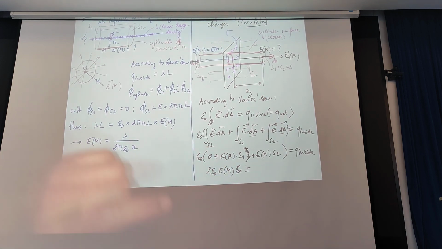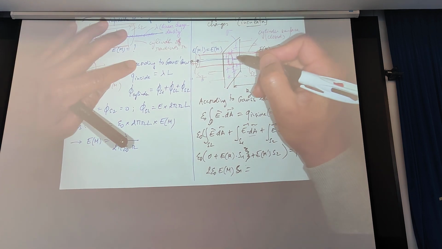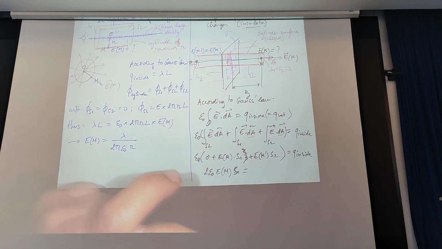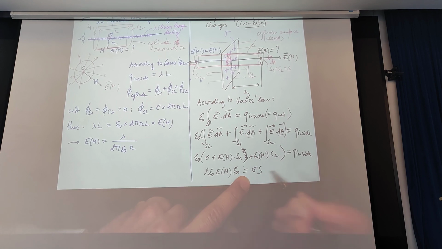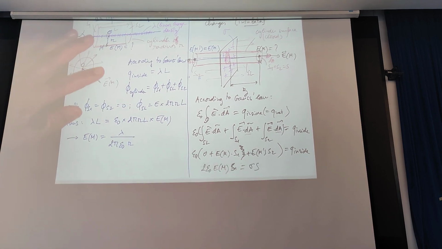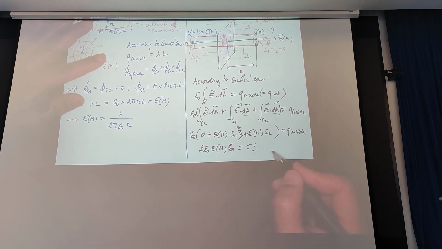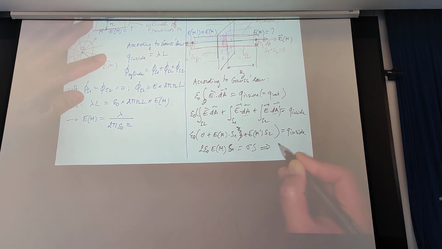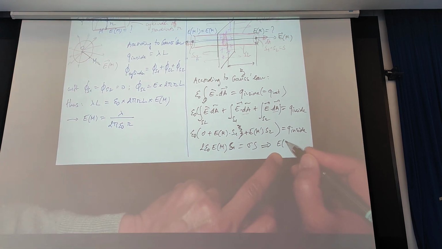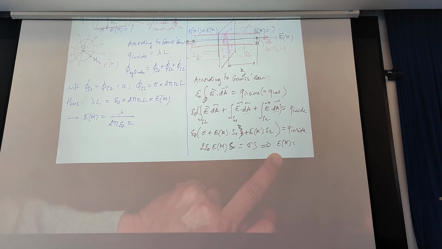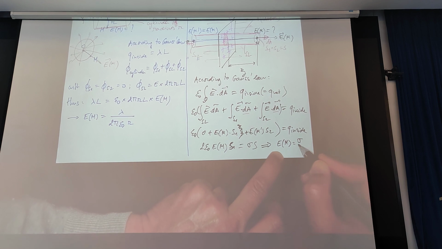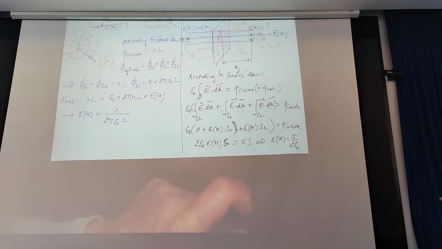So it's the charge which is in this surface, so this is sigma S. Yes? So at the end you can write that the electric field is equal to sigma over 2 epsilon 0. And that's it.